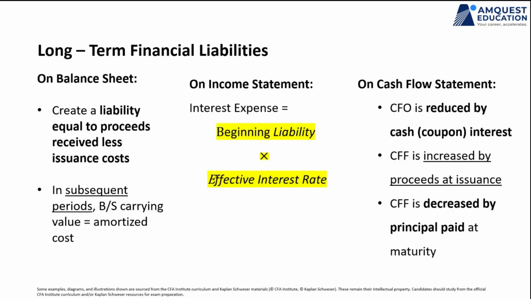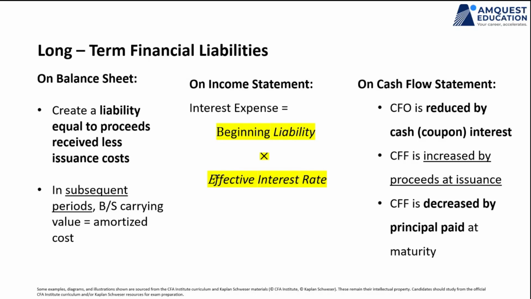Now, under balance sheet also comes long-term financial liabilities. So on balance sheet, you create a liability equal to proceeds received less issuance cost. So for example, balance sheet carrying value is equal to amortized cost. So in subsequent period, you are going to just amortize all these liabilities also.